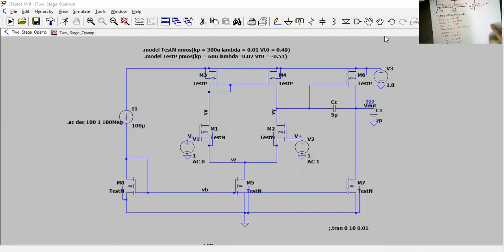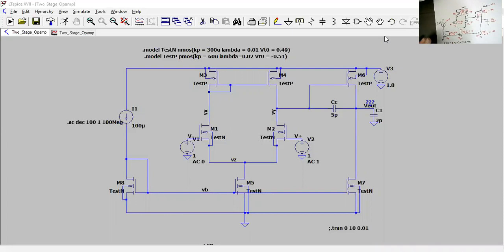Our load capacitor is 2 picofarad. We have a 60 degrees phase margin and we're aiming for a power consumption of less than 300 microwatt. So these are the values for which we have found the W and L of each transistor.